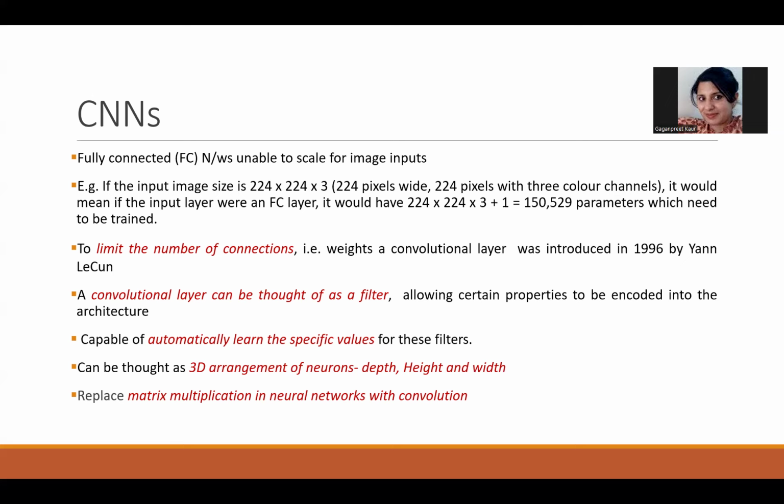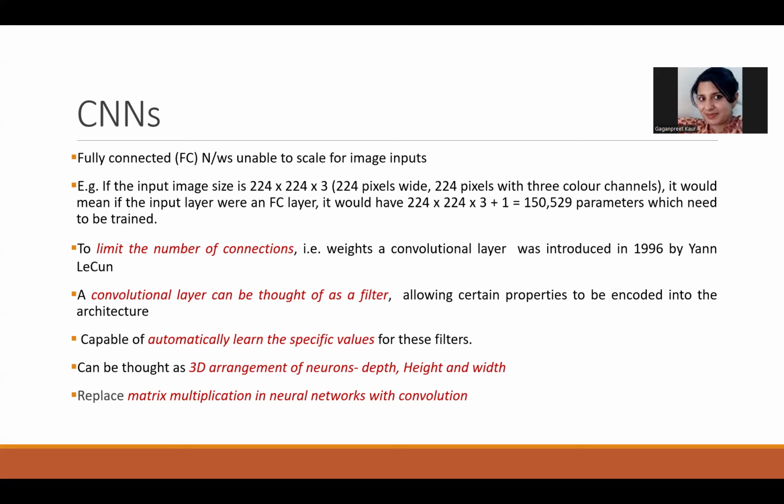This was the idea behind convolutional neural networks. It works as a filter through which certain properties of the image can be captured. So basically feature extraction can be done through the convolutional layers.